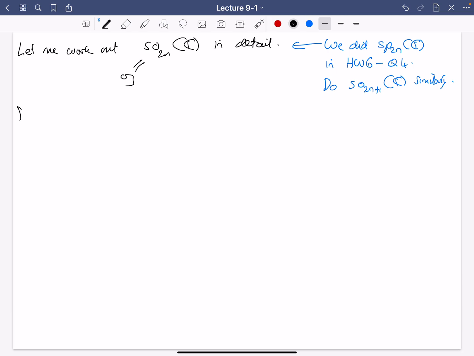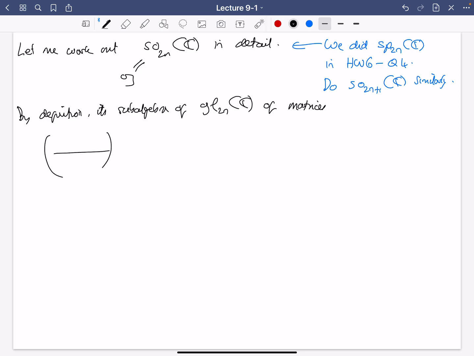So by definition, it's the subalgebra of GL2n of C consisting of all matrices. I'm going to write these as block matrices A, B, C, D, so I'm doing n by n blocks.